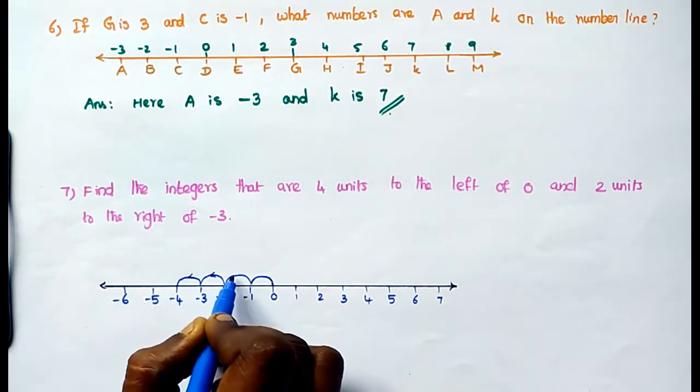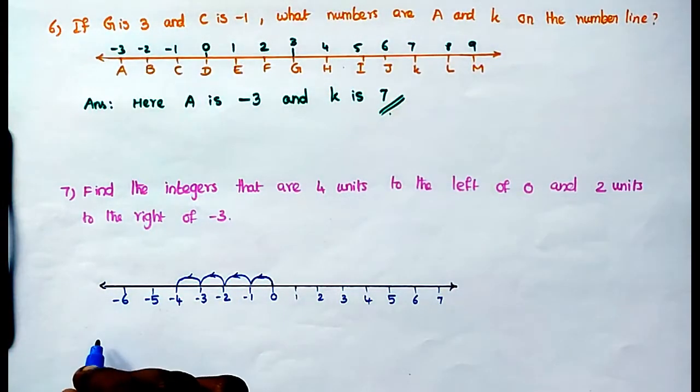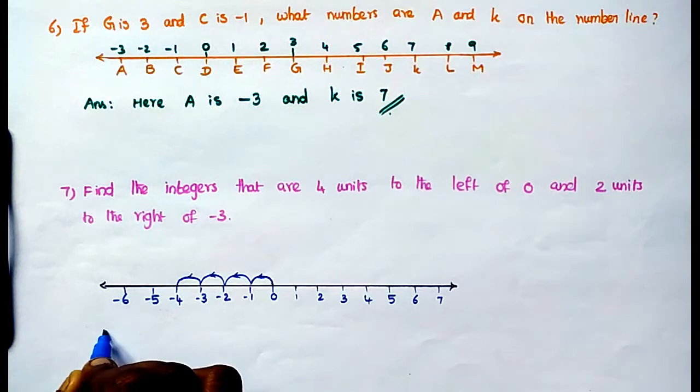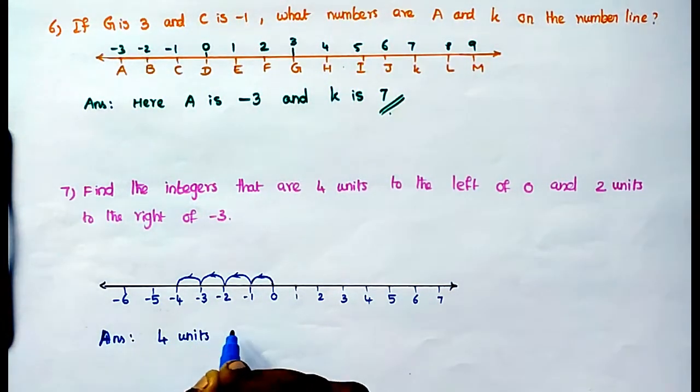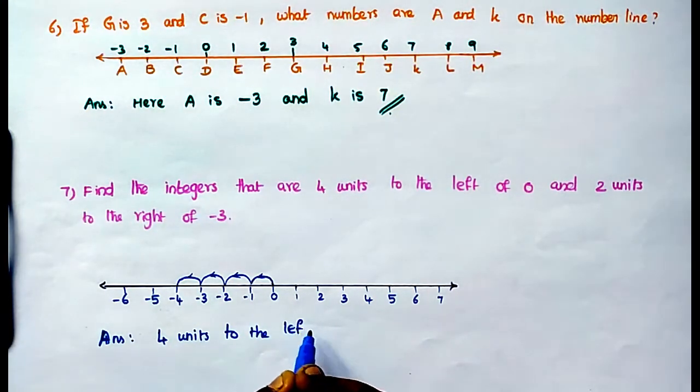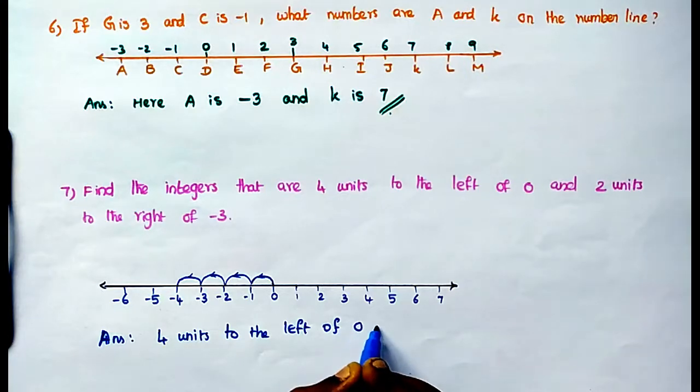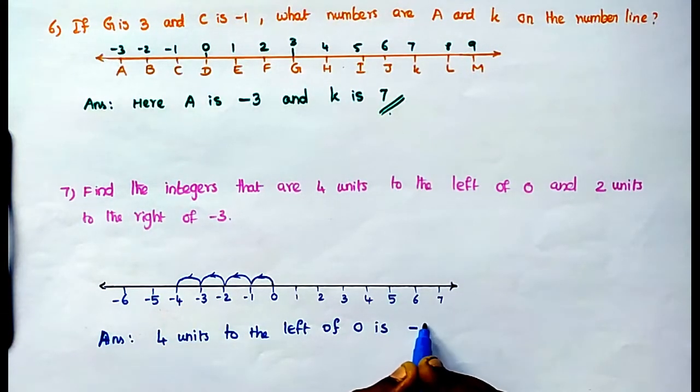What's the answer? Minus 4. First one, the answer, 4 units to the left of 0 is minus 4.